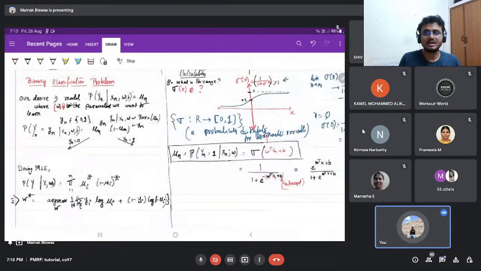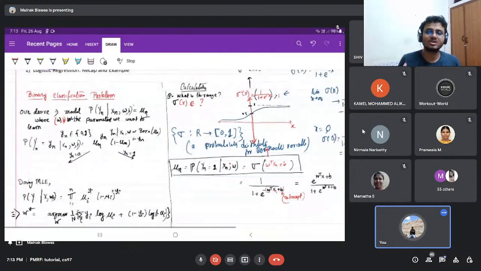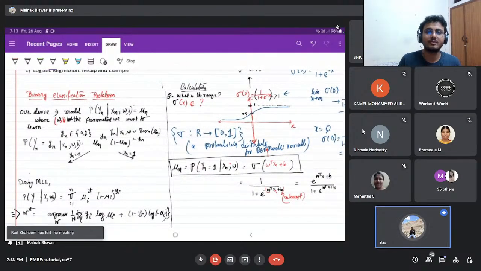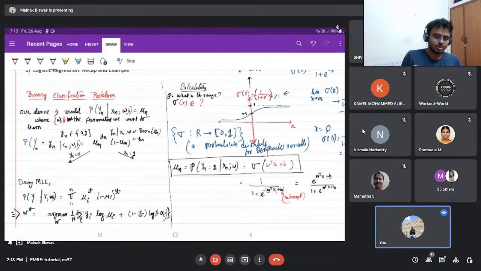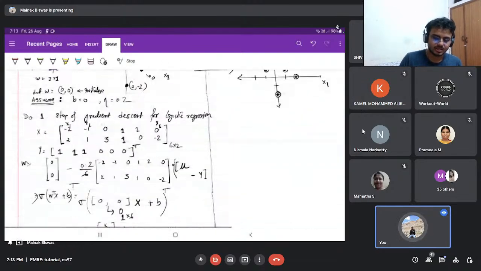Did you understand that a sigmoid function will give you a probability distribution for a Bernoulli random variable, where you can output 0 and 1? Sigmoid will give the probability of this being equal to 1. So let's write it.